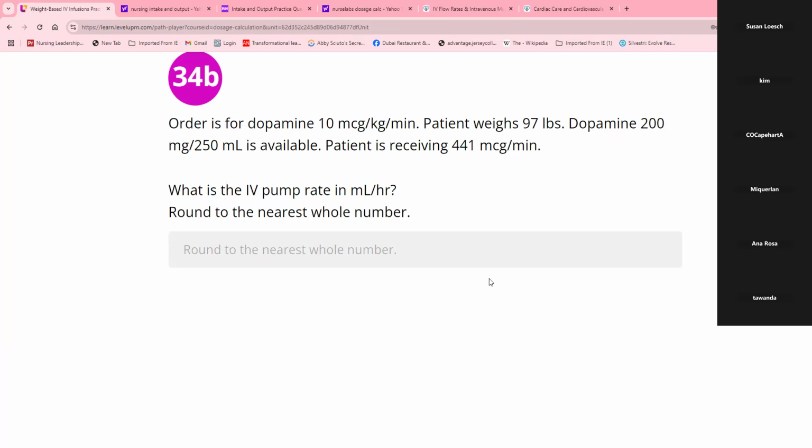Your patient's 97 pounds. You're going to divide it by 2.2 and multiply it by the 10. And that's going to give you that long number, 440.9090, blah, blah, blah. Everybody has their weight written down, 97. What do you have on hand? You have 200 milligrams per 250 mLs. And your order is 10 micrograms per kilogram per minute. I'm going to the whiteboard.